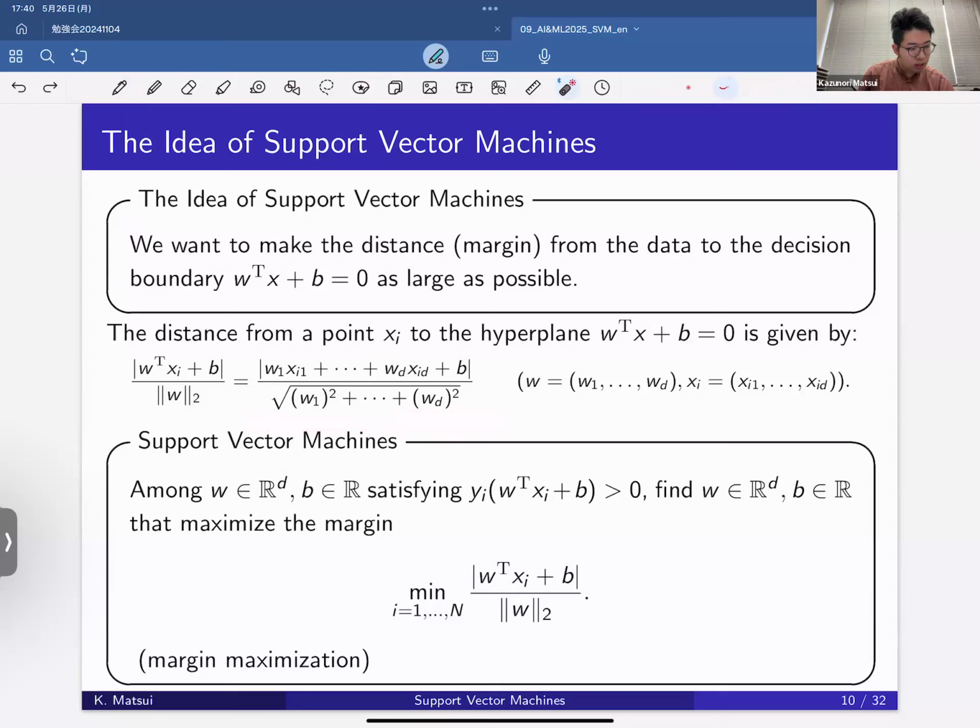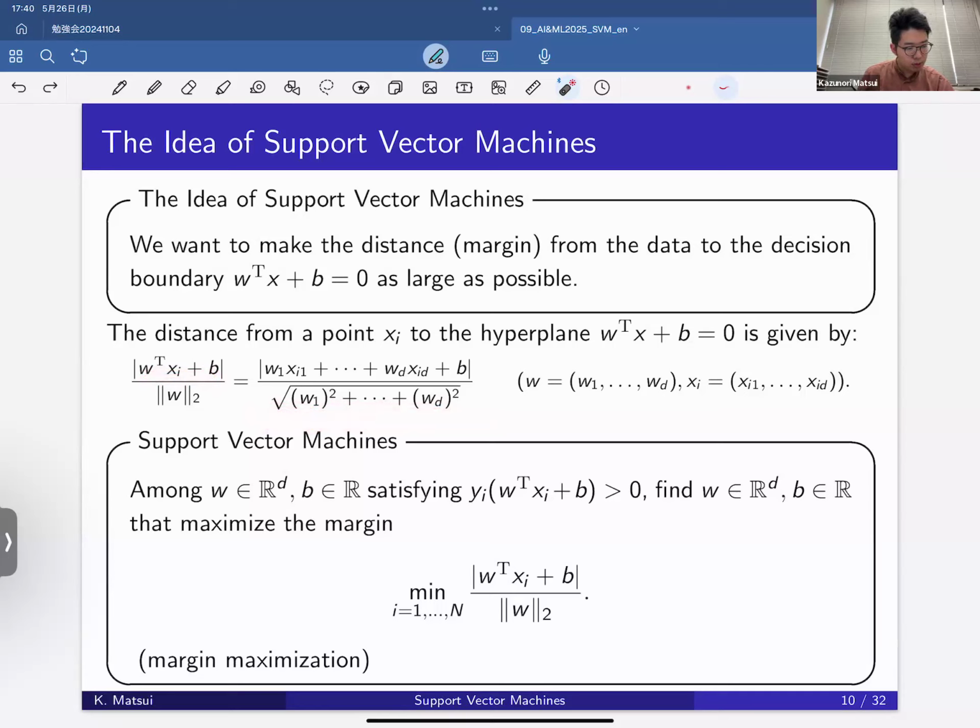We calculate wxi plus b at that point, and divide it by the square root of the sum of w squared. This gives us a distance.